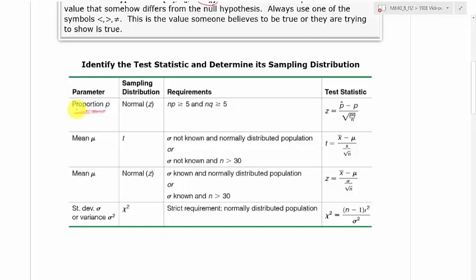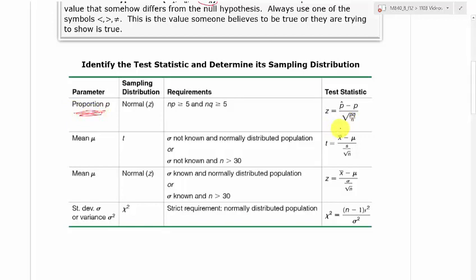Or it could say that 73% of the peas that we collected were green. Or it might say that 300 out of 400 peas were green. All of those would be different ways to talk about a proportion.